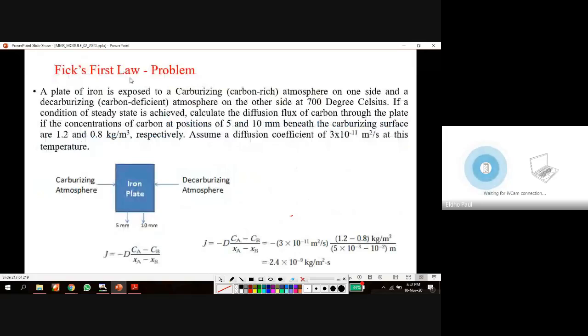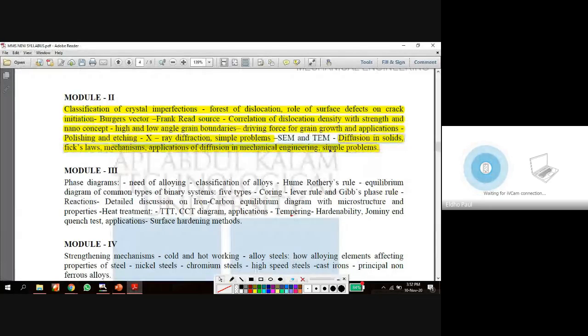I'm only providing one problem, so you have to search textbooks for other problems, because the problems are included in your syllabus. See these simple problems. And in the case of X-ray diffraction also, simple problems may be asked. So you have to study this.